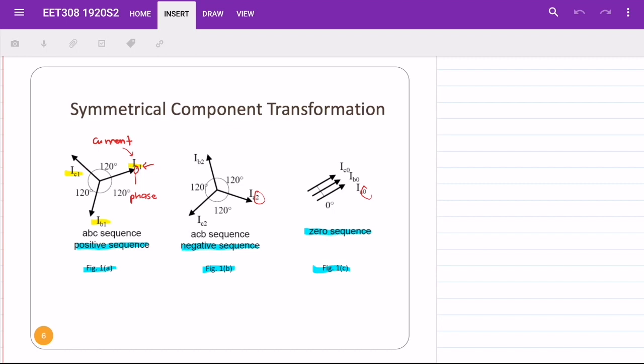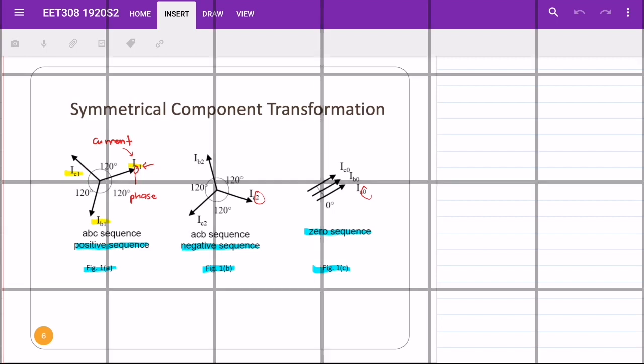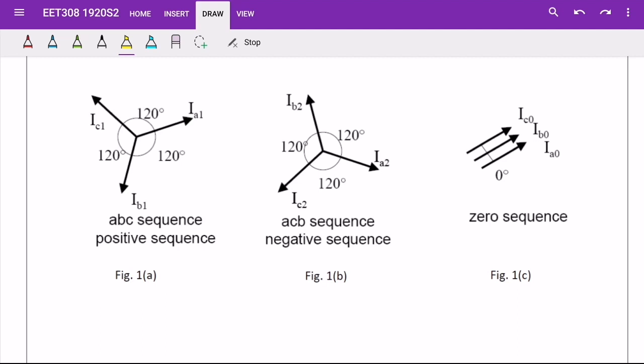Now we proceed to how to analyze the phasor diagram. We start with the positive sequence phasor diagram. As shown in figure 1a, we can see that this sequence has three symmetrical components of current labeled as IA1, IB1, and IC1.